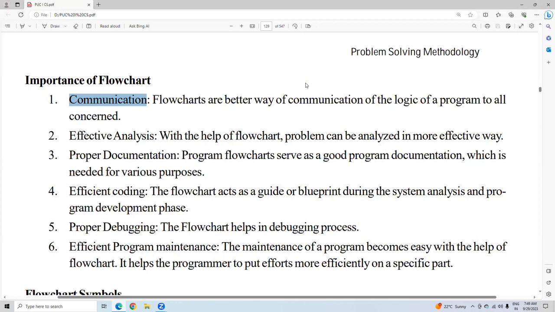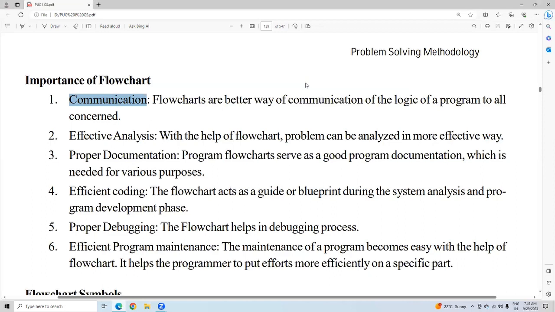And because of the flowchart, the program documentation will be done in a proper way, which will be helpful for various purposes. And because of the flowchart, a programmer can do the coding properly so that the intended problem can be solved and the expected outcome of the program will be accurate.